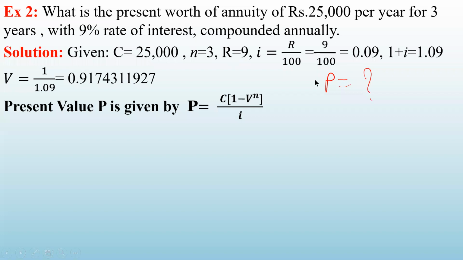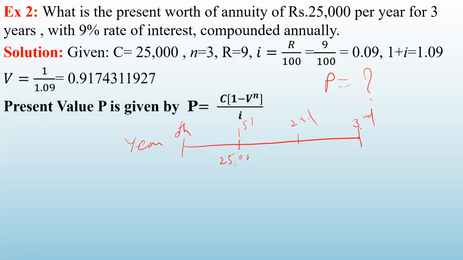Compounded annually. So here what is happening? There are 3 years: first year, second year, and third year. Every year the installment or annuity of rupees 25,000 is invested for 3 years, and the rate of interest is 9%.